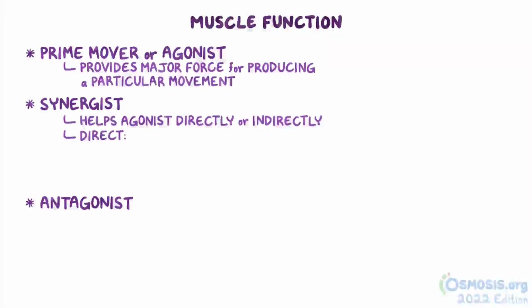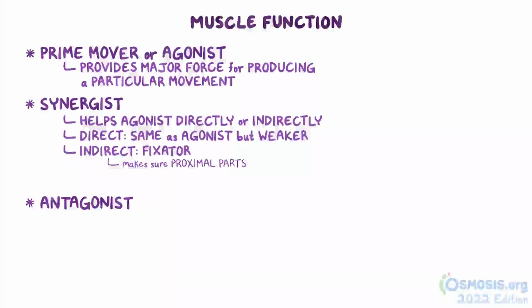Direct support means that the synergist performs the same movement as the agonist, but in a weaker manner. In indirect support, the synergist acts as a fixator, making sure that the proximal parts of a limb are fixed in place, which leaves the distal section free to move.